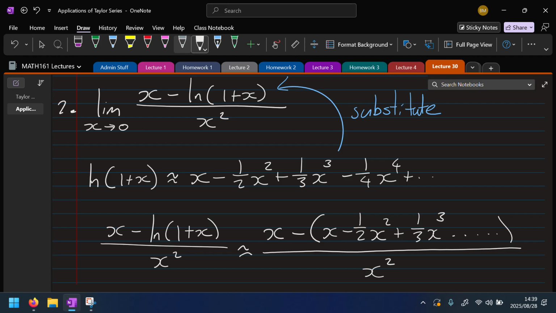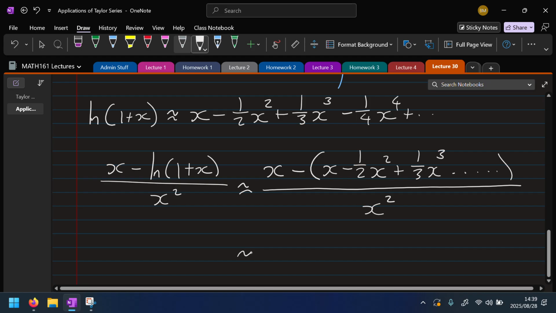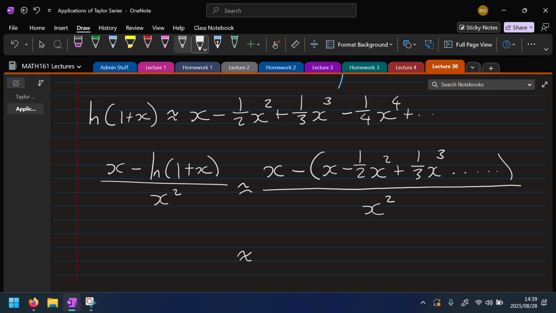Okay, so what happens to the top there when we simplify? So this is going to be approximately something. In the top, x minus x, that's going to go away. Then we're left with 1/2 x squared divided by x squared. So that's going to be 1/2. Plus. Then we're going to have the 1/3 x cubed divided by x squared. So 1/3 x.